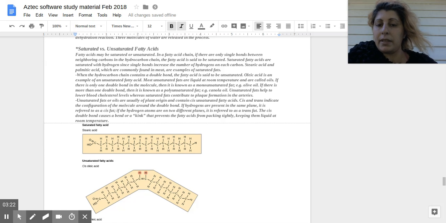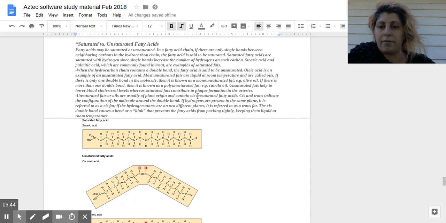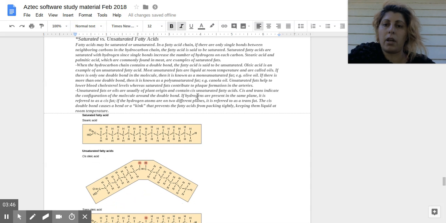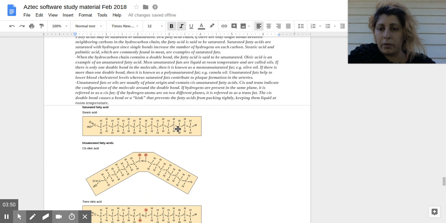If hydrogen atoms are in two different planes, it is referred to as a trans fat. The cis double bond causes a bend or a kink, preventing the fatty acid from packing tightly. Therefore, they are liquid at room temperature. So these are more common in fats and do not clog arteries as quickly, being more flexible.